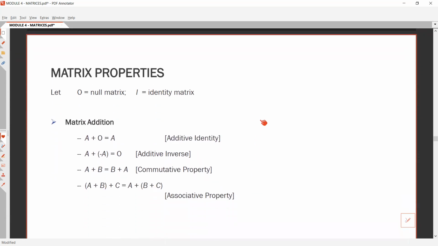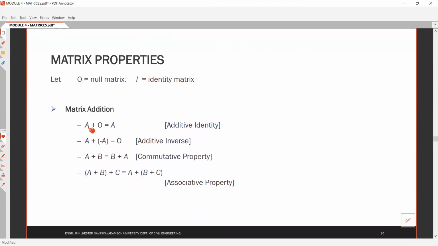Next one. So, for the matrix properties, okay, let O is equals to null matrix, I is equals to identity matrix. Okay, so for the identity matrix addition, if any matrix plus a null matrix is equals to yung matrix na yan.